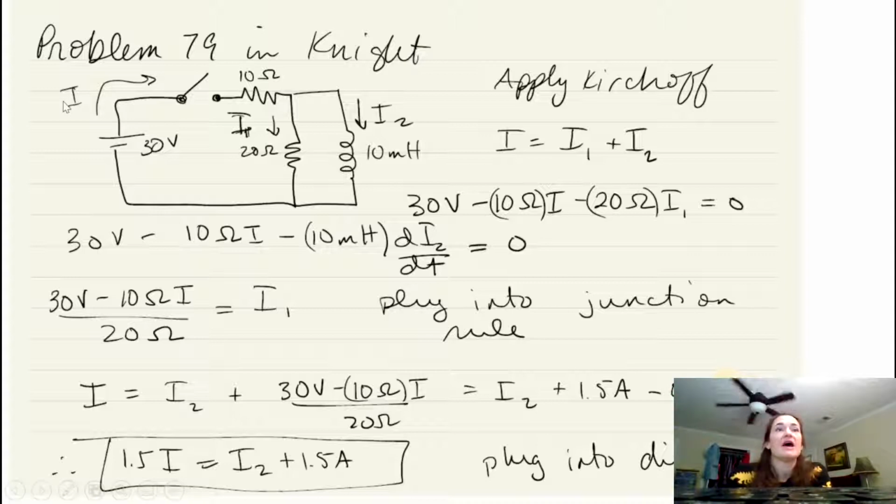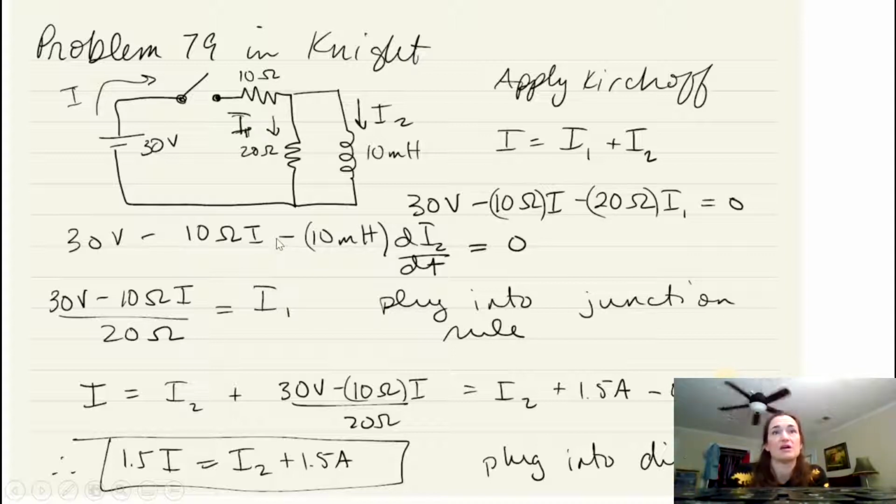So going through that, I've got plus 30 volts minus 10 ohms times I minus 10 millihenries times di2/dt equals 0. The 30 volts, yet again, I'm going the right way across the battery, and then in the same direction as the current flow. So the voltage for the 10 ohm resistor subtracts off.